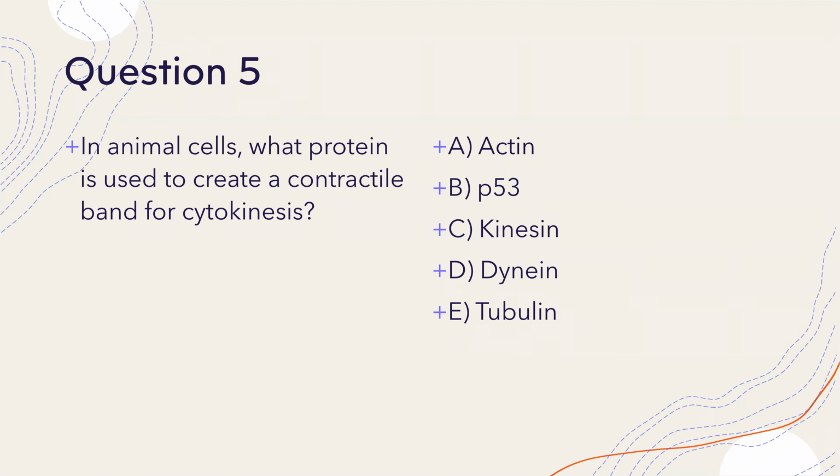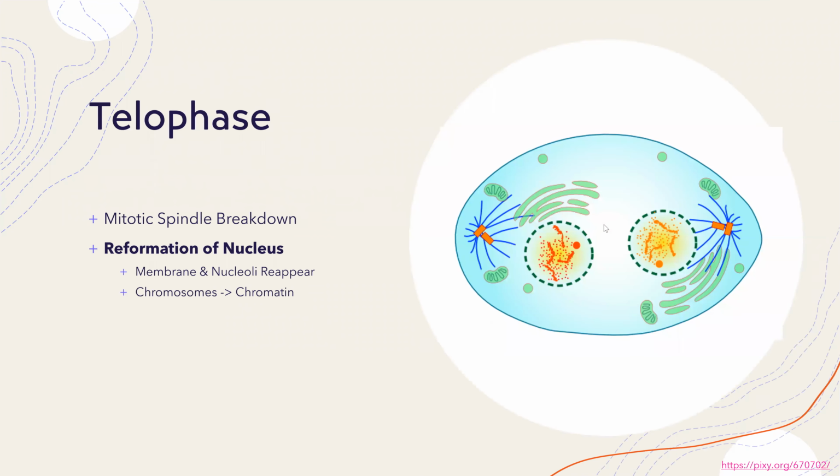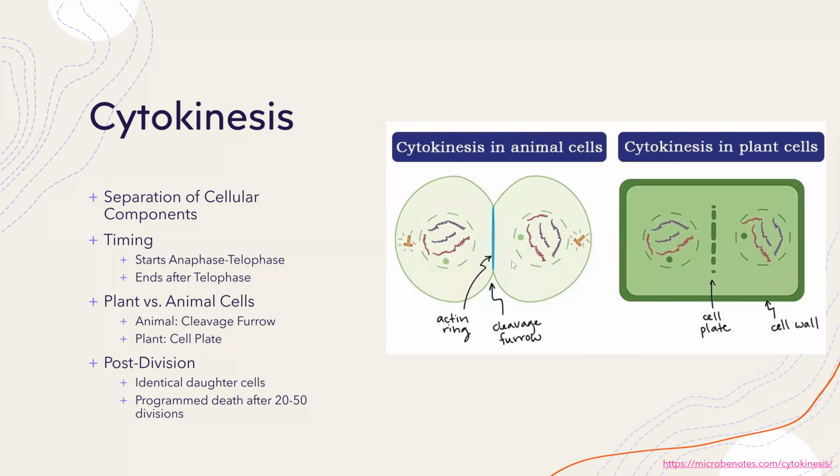E, tubulin, is the structural unit of microtubules. So a microtubule is formed by many segments of tubulin. Yes, I can definitely go back. The contractile band is basically one cell that you can imagine like a circle, like here.